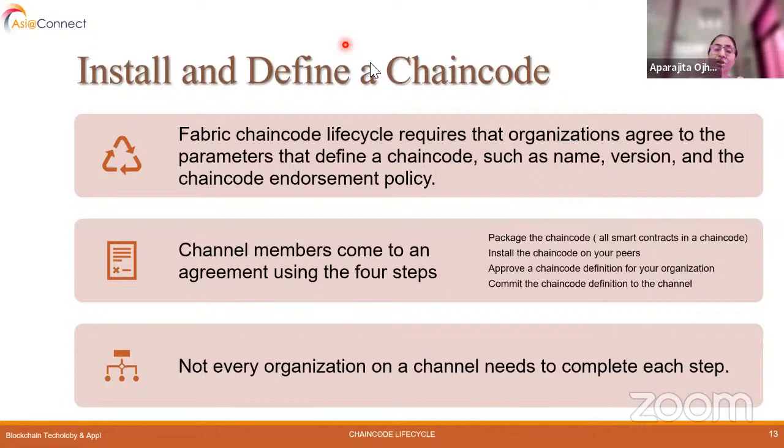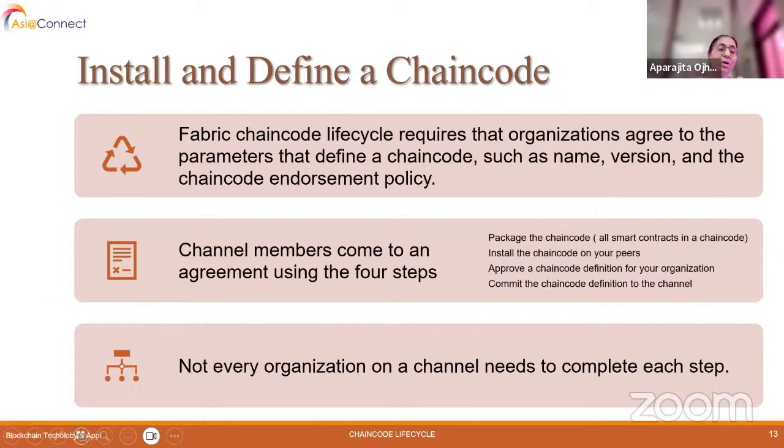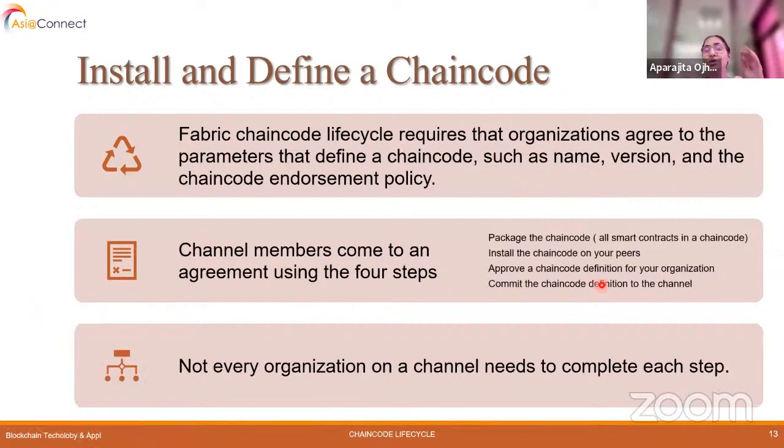Approve a chaincode definition for your organization. See, without your approval, you will not be able to take part in any application or any business which involves this chaincode. So you need to approve a chaincode definition for your organization and then commit the chaincode definition to the channel.